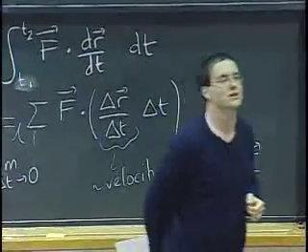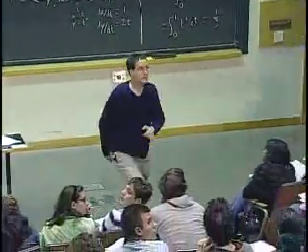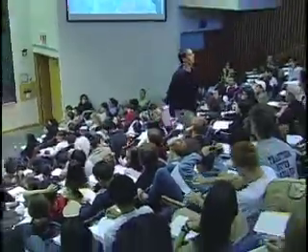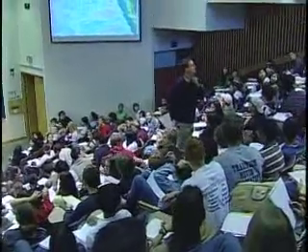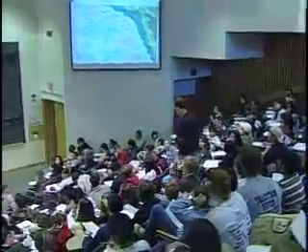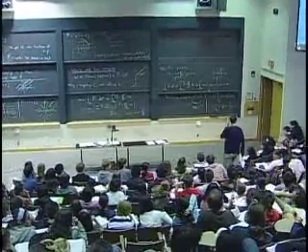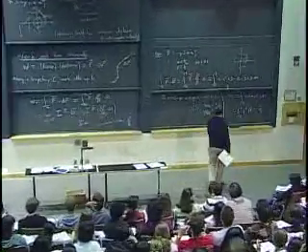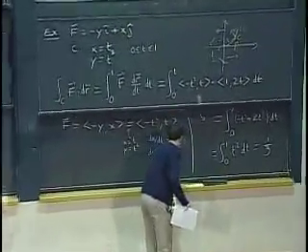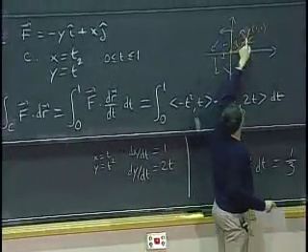The question is, if I took a different trajectory from the origin to the point (1, 1), what would happen? The answer is I would get something different. For example, say I chose to go like this and then around like that.